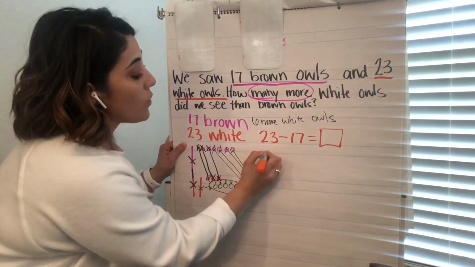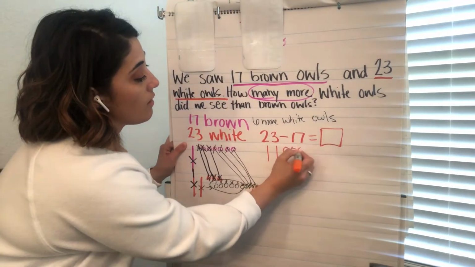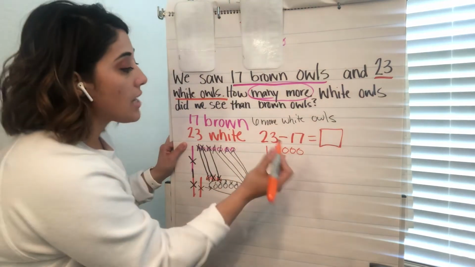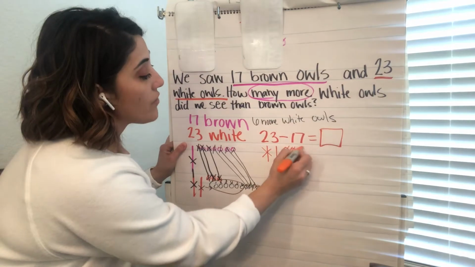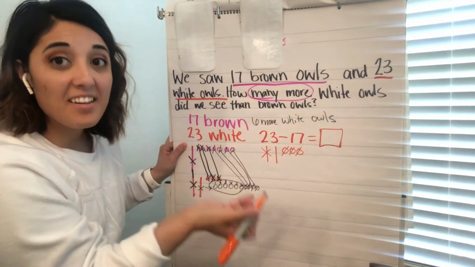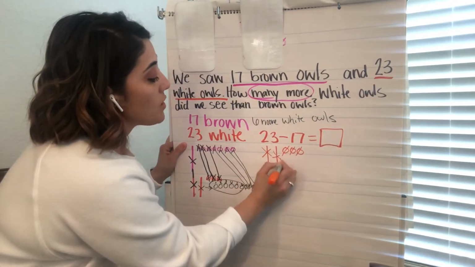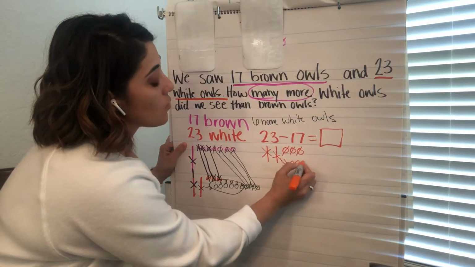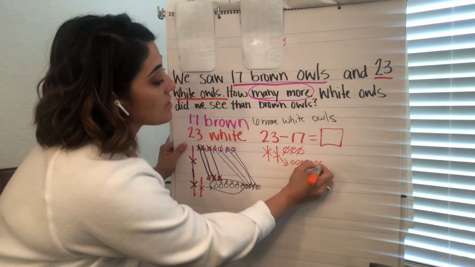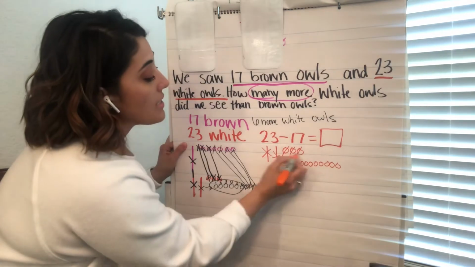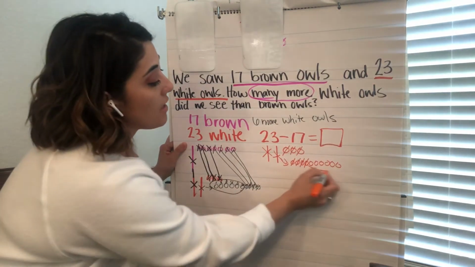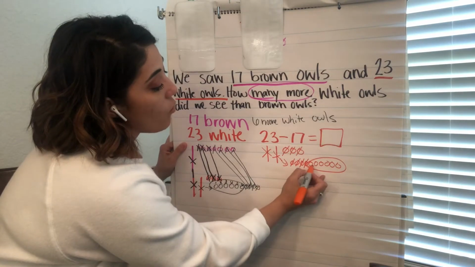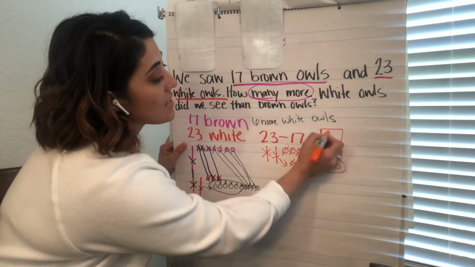So I could make 23, and I could take away the 17, so I could take away a 10, and take away 11, 12, 13. What do I need to do? I need to make some more ones, so I'm gonna change this into 10 ones, 1, 2, 3, 4, 5, 6, 7, 8, 9, 10, and take away 4, 5, 6, 7 for 17, and then looking there, I have 1, 2, 3, 4, 5, 6.